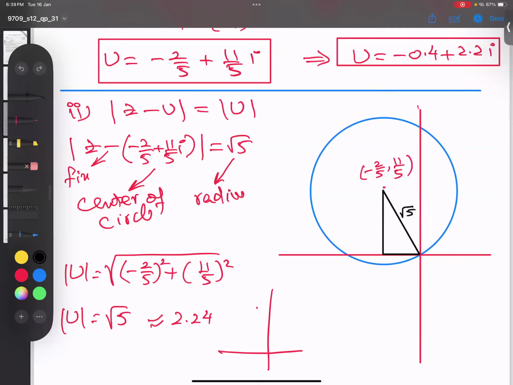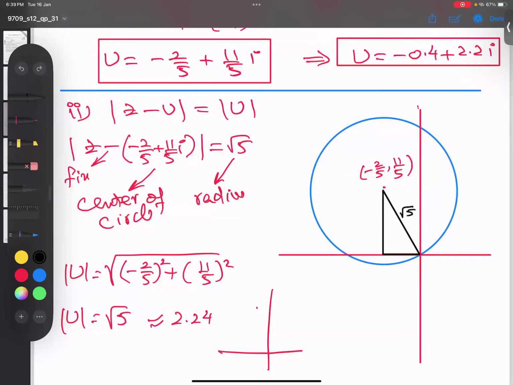And that is why there is 1 mark for it. If you make a circle slightly outside or slightly inside, you will lose 1 mark. It is a clear picture. This value is this one, and this value is this one. If I use the Pythagoras theorem, you can see root 5 coming, which is the radius, and the radius means it must pass through the center of the circle.